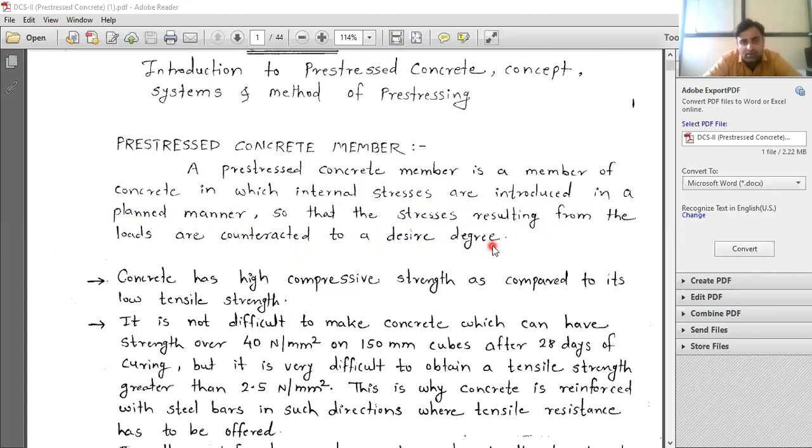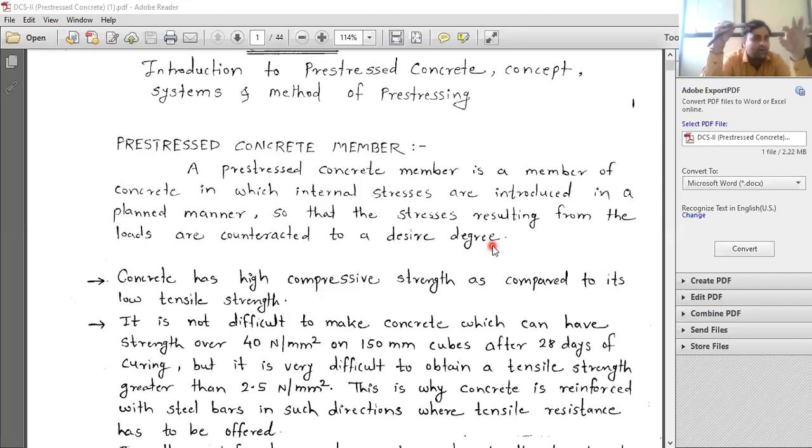I have already told you about these stresses. Suppose this is a beam, and on this beam the load is acting, and this load produces direct stress as well as bending stress. By some means, we will do something. How to do that, don't focus on it right now. How the stress is introduced, we will see later on.